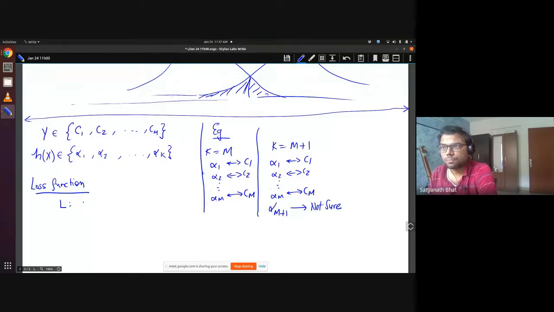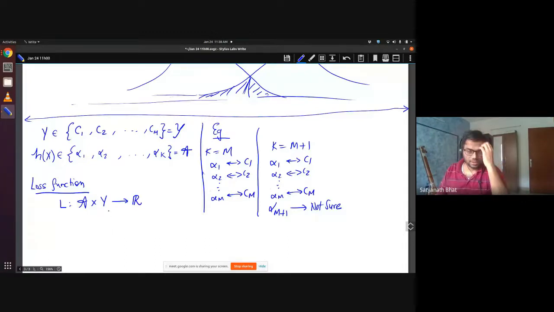It's a function from, whatever values y can take, I will call it script y. Okay, so this set is script y, and all these outputs I will call the action space A. The loss function is a function from action space cross y to R. Let me give you an example.